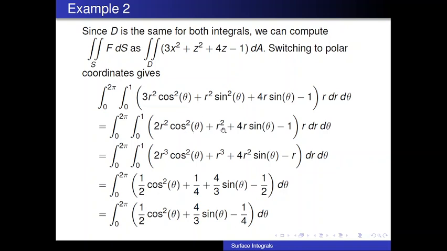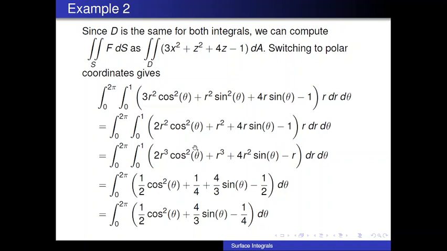So I've skipped a step here: 2r squared cosine squared theta plus r squared cosine squared theta plus r squared sine squared theta just becomes r squared in the middle, plus the rest of this. Now we can multiply through by r, and so we get 2r cubed cosine squared theta plus r cubed plus 4r squared sine theta minus r.